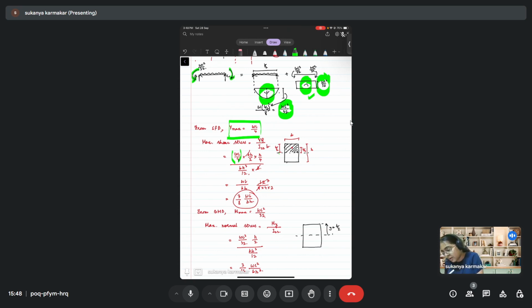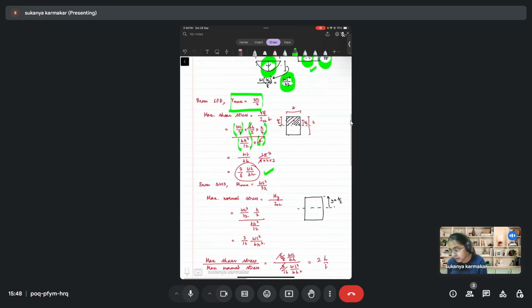So the first moment of area will be the area of the shaded area, which is B into H by 2, into the centroidal position from the neutral axis, which is H by 4. So this is how you get Q. Then IZZ is BH cubed by 12, into B. So when you simplify, this is the value of the maximum shear stress.